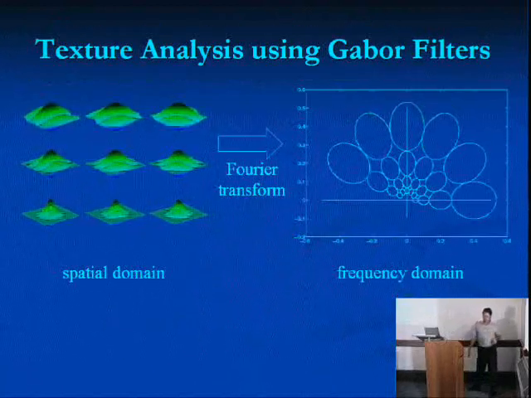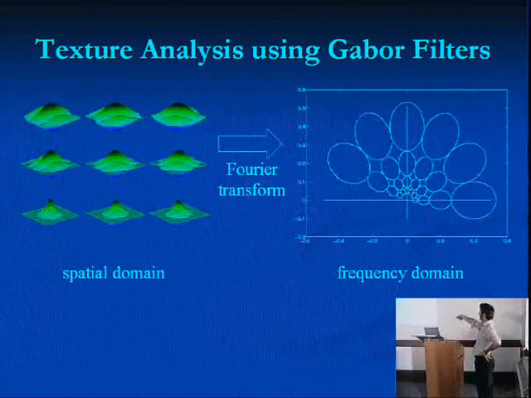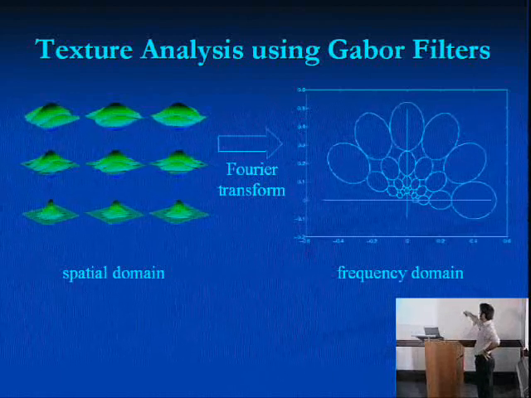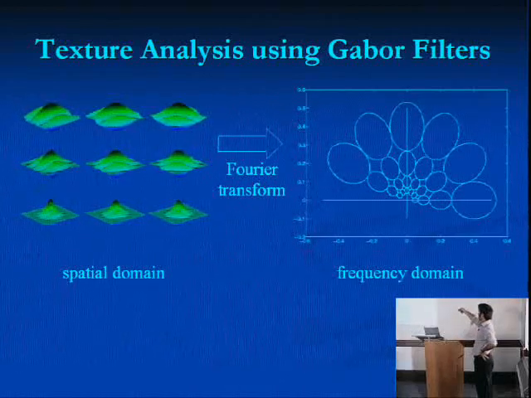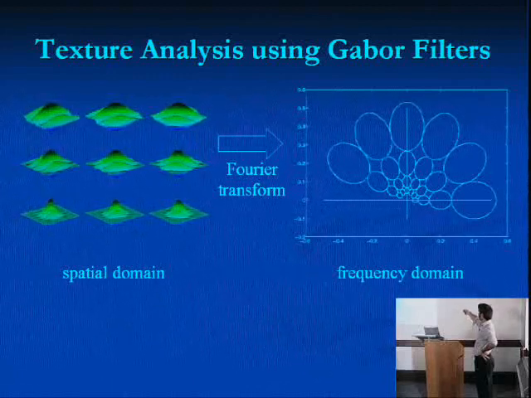Let's look at this alternately in the frequency domain. This is what our convolutional kernels look like in the spatial domain. If you think about this in the two-dimensional frequency domain, since we're working with images, our frequency domain has two dimensions.